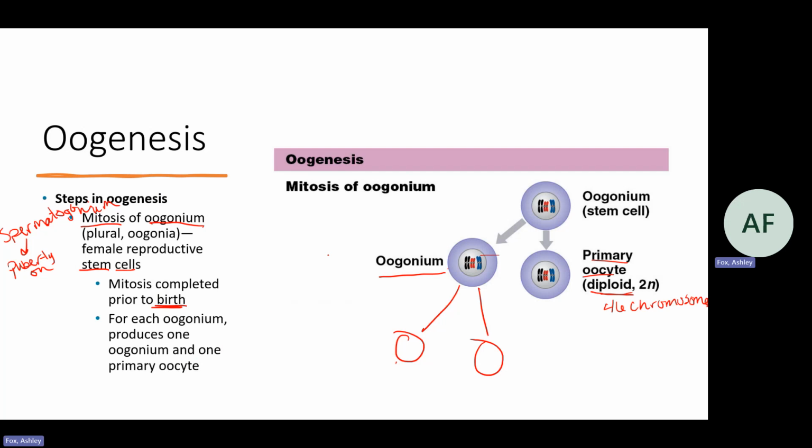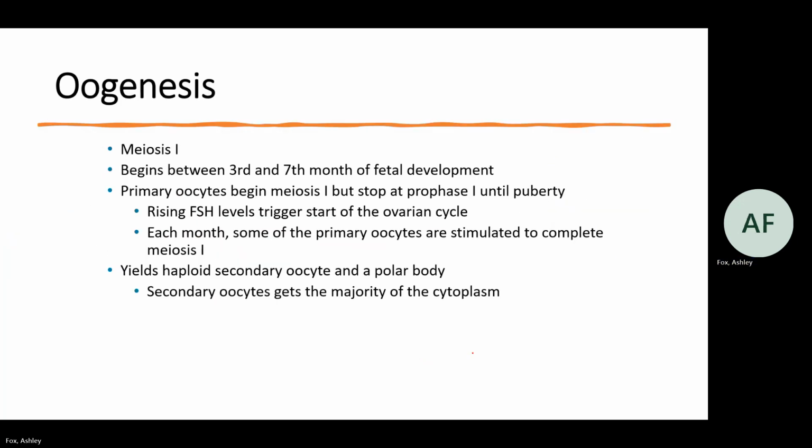So that's going to be before birth. So mitosis is completed and the entirety of the primary oocytes are produced before birth, before meiosis 1 even starts.